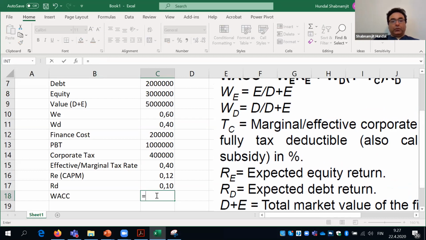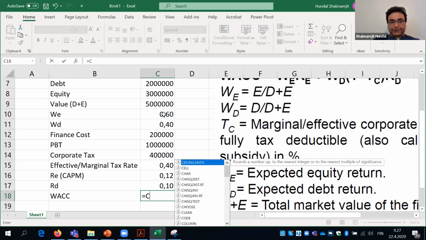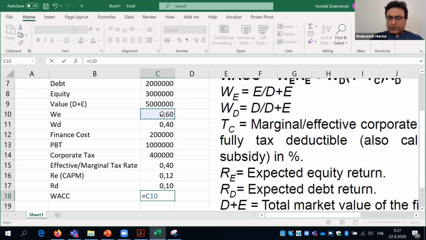The wrong one would be the weight of equity times the cost of equity plus the weight of debt, which is C11, times the cost of debt, which is C17.